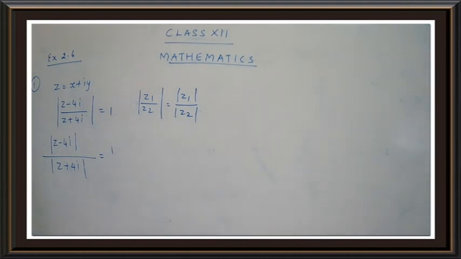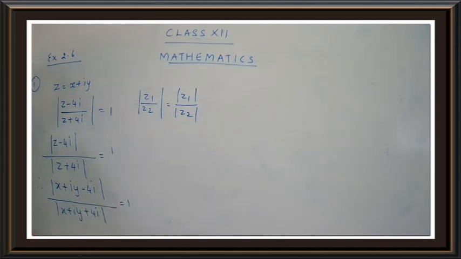We know the value for z. What is the value for z? x plus iy. So I am going to put the value of z over here. Therefore, modulus of (x plus iy minus 4i) upon modulus of (x plus iy plus 4i) is equal to 1.